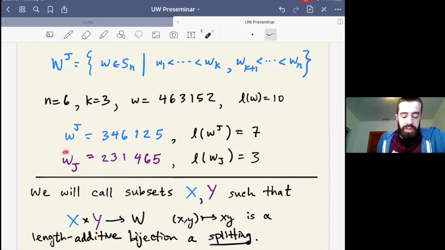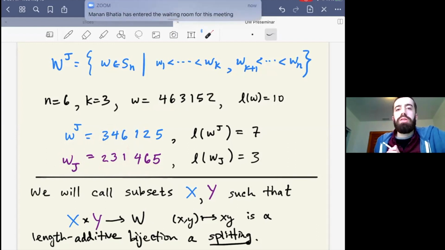Now the element of the parabolic subgroup is similar, except, well, sorry, it's not similar. The job of this permutation is to say, how do I need to sort these in order to get them into the same order as they are in W? And that's encoded by these 2 permutations. And this has length 3. And 7 plus 3 is 10.